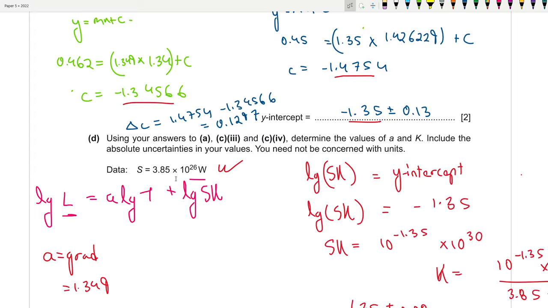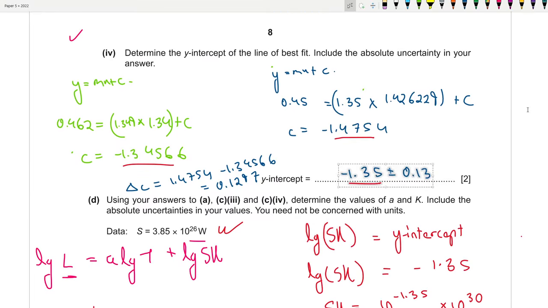Next, log Sk is your y-intercept. So log Sk is equal to minus 1.35, or this value basically. It will vary. Okay, I used my values, you can use yours, that's fine. So log Sk is equal to minus 1.35.